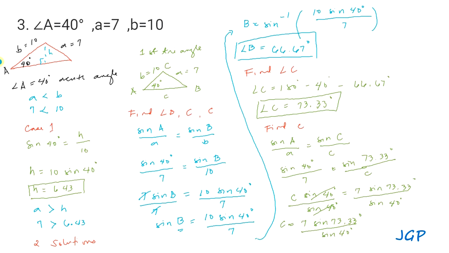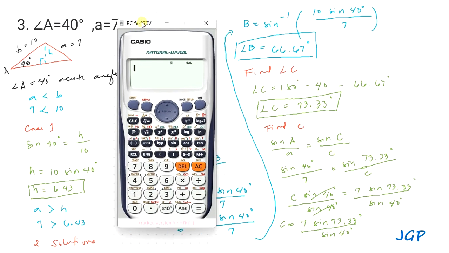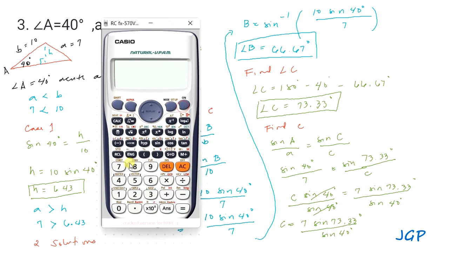And using your calculator, we have 7 sine 73.33 equals, and then divide by sine 40 degrees, and that is equal to 10.43.